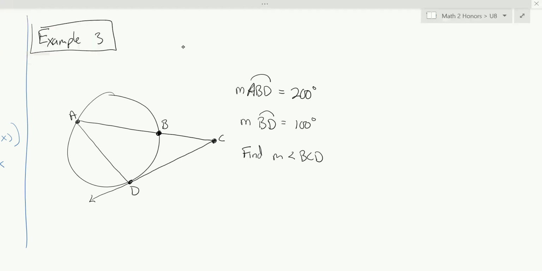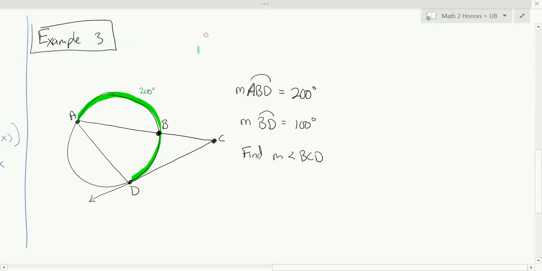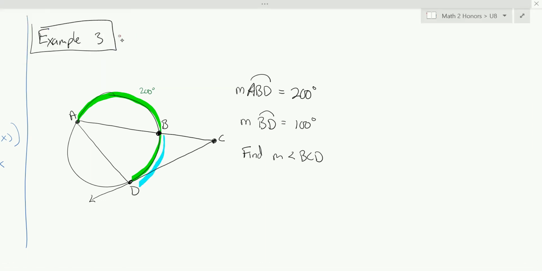So ABD is 200. And BD is 100. And we're looking for BCD.